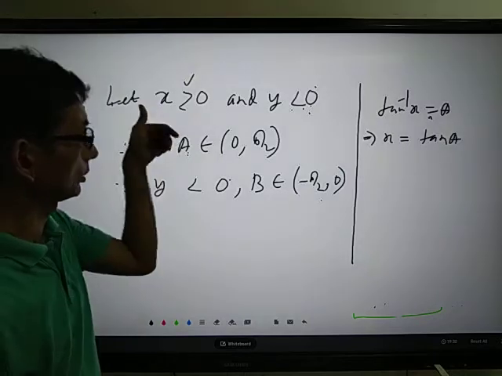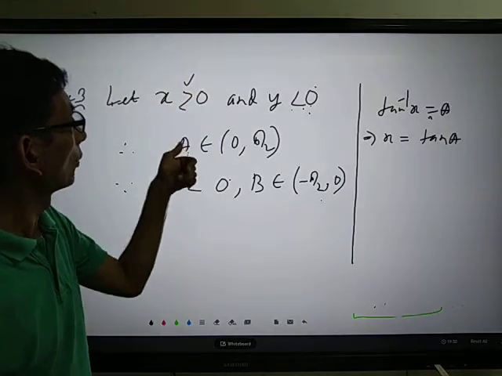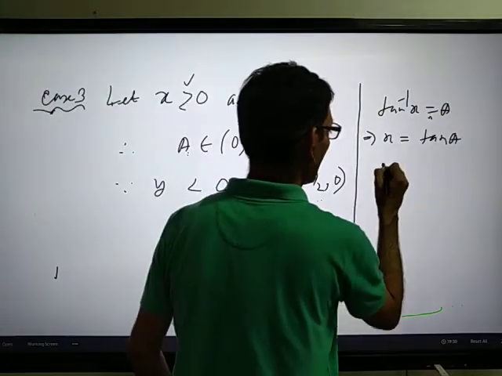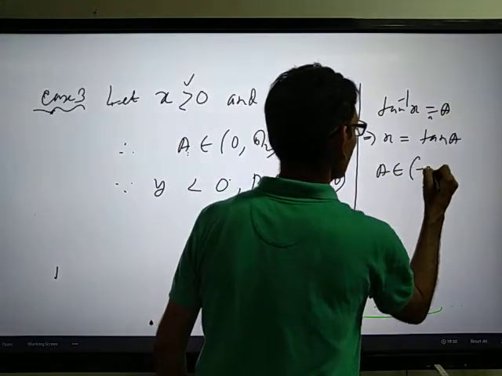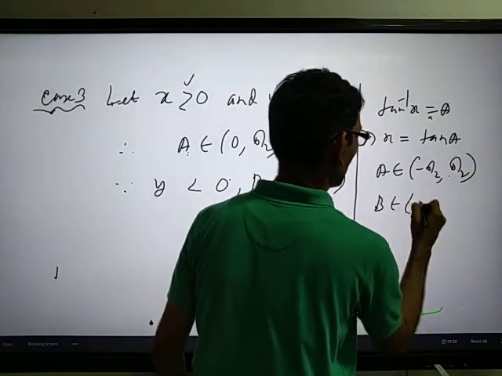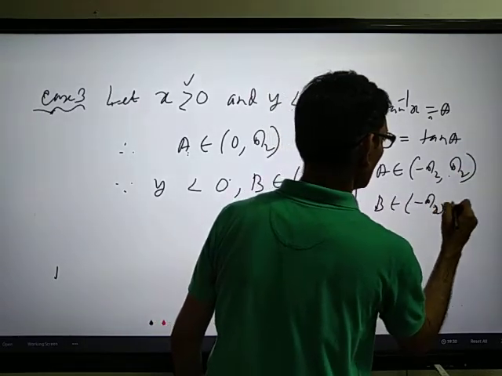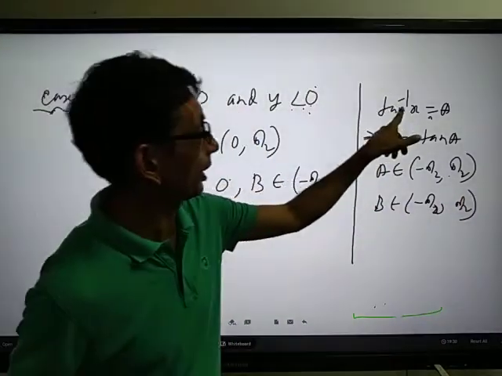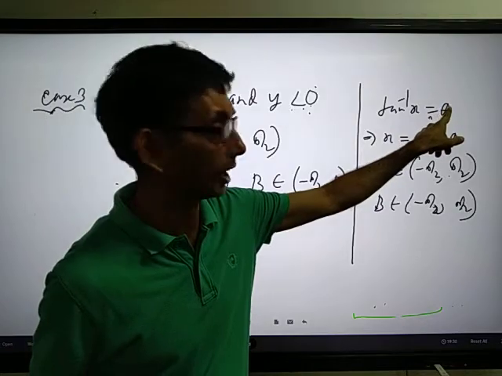I'll tell you one thing. Since x is greater than 0, why will a lie between 0 to pi by 2? Because we know that a belongs to minus pi by 2 to pi by 2, and b also belongs to minus pi by 2 to plus pi by 2, since we are assuming tan inverse x is equal to a.